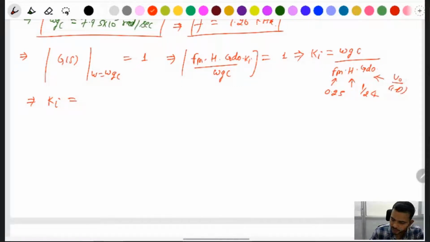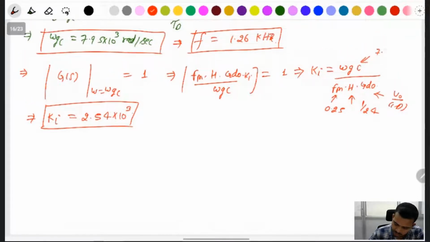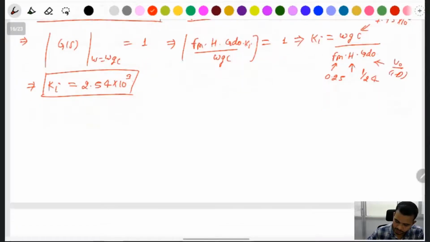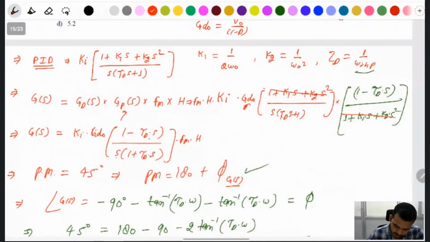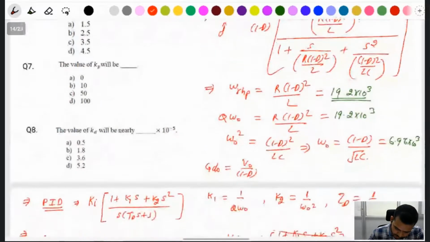Gdu is given V naught divided by 1 minus D, V naught is 120 volt. Then find Ki: 2.54 into 10 to the power 3. All the values are known here, so 0.95 into 10 to the power 3. Ki is fine.